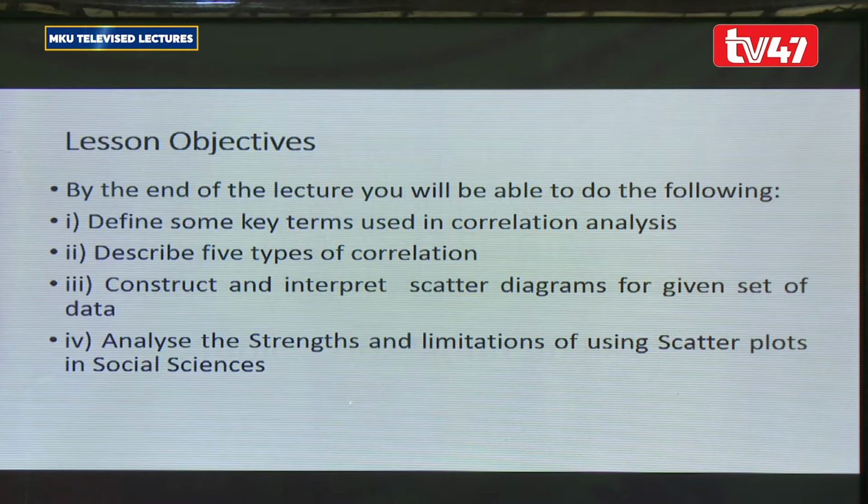Next, we'll also construct and interpret scatter diagrams for given sets of data. And lastly, we'll be able to see some of the strengths and limitations of a scatter diagram or a scatter plot within the context of social science.